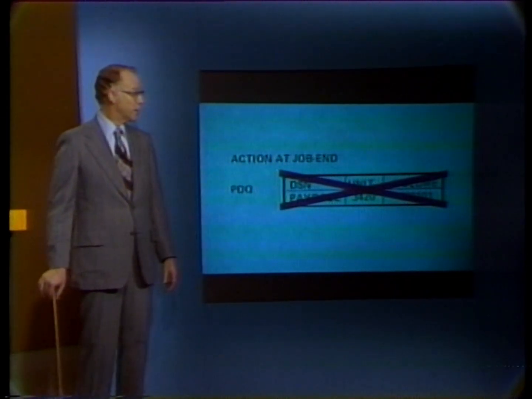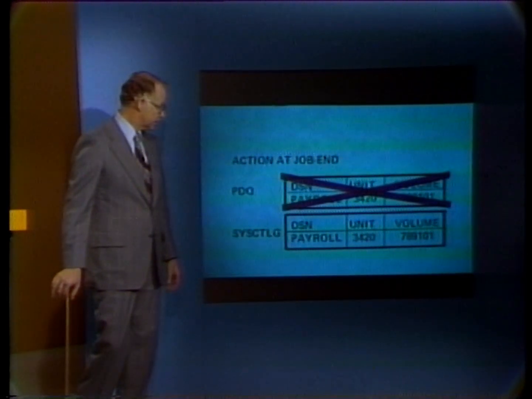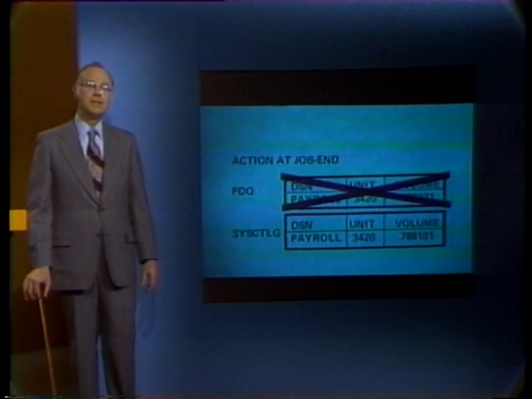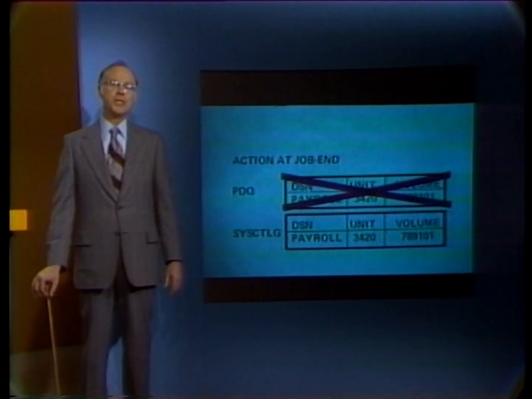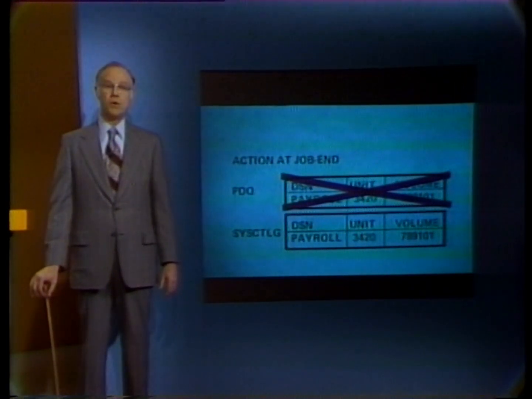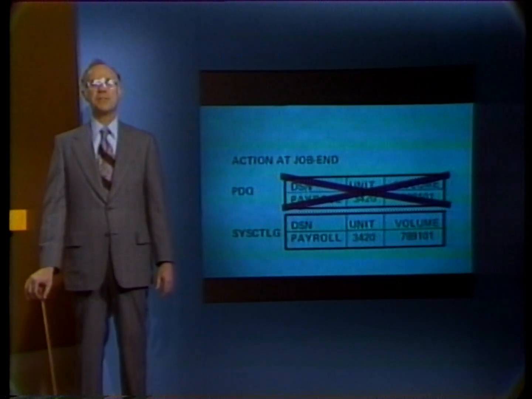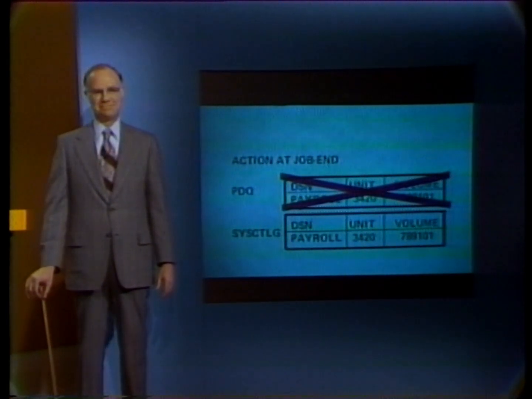Contrast the PDQ with the system catalog in regard to longevity. The catalog is a permanent data set and can be referenced by all jobs, whereas a PDQ can be referenced only within the job in which it is created.